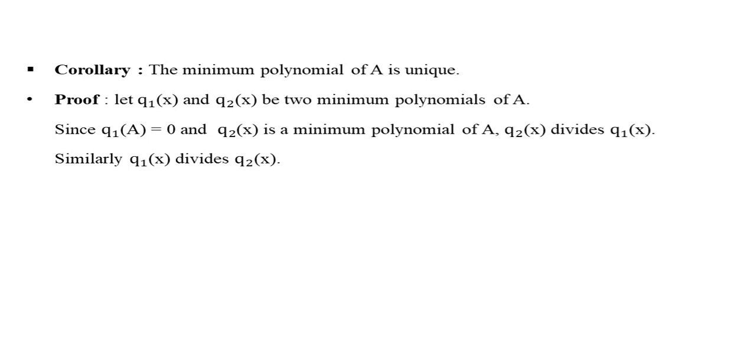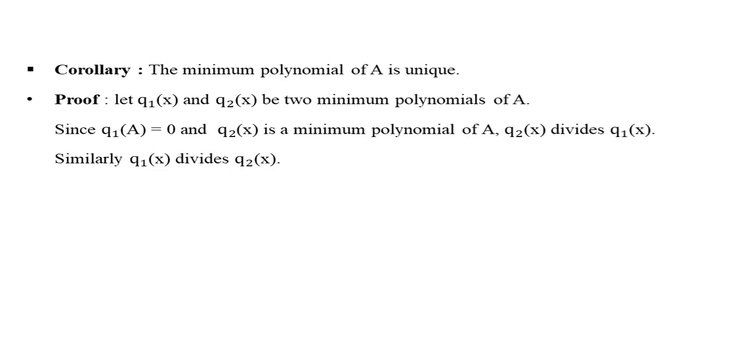That is, if we take q2 of A equal to 0 and consider q1 of x as a minimum polynomial of A, then we get q1 of x divides q2 of x. So, here we have two results. q2 of x divides q1 of x and q1 of x divides q2 of x.